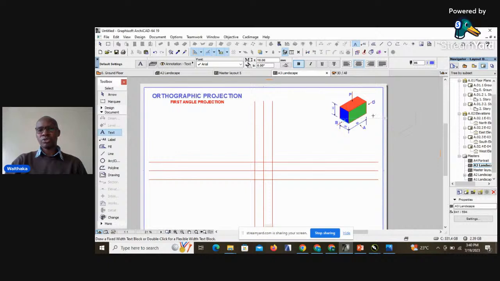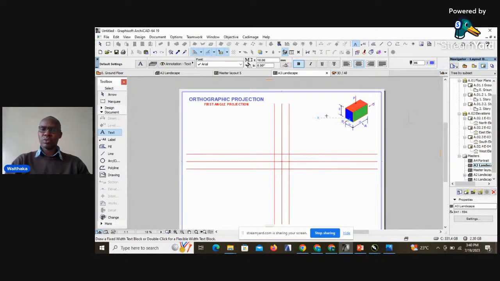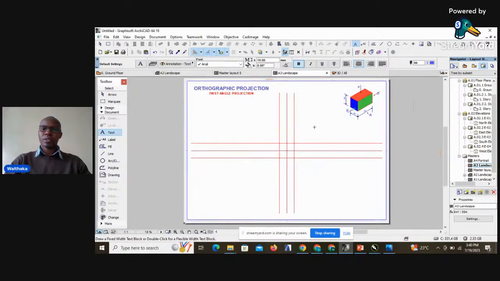I think we'll be able to see the difference once we project, because we'll see how B and D alternate within the Cartesian plane when we are generating the views.